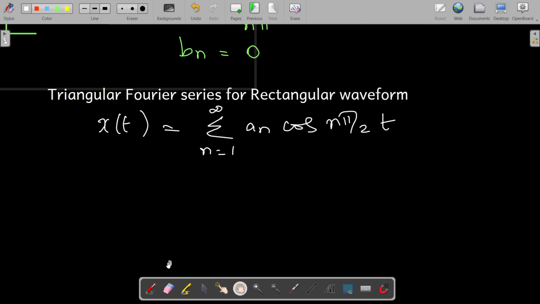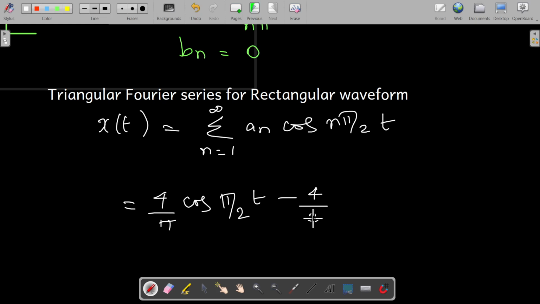That alone is present, but the actual values we can substitute and you'll get it. The series is 4 by pi cos. Okay, this an is equal to 1 now. a1 is 4 by pi cos of pi by 2 t, n is 1. Then the n value is 3. For n value 3, it is minus 4 by 3 pi cos of 3 pi by 2 t.